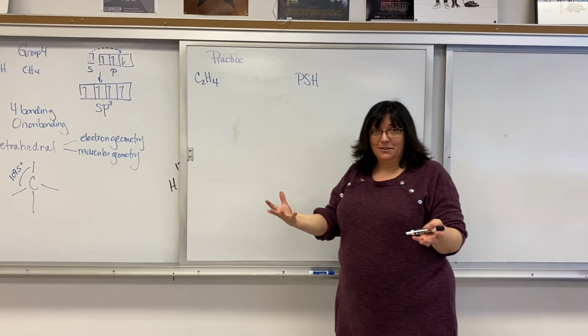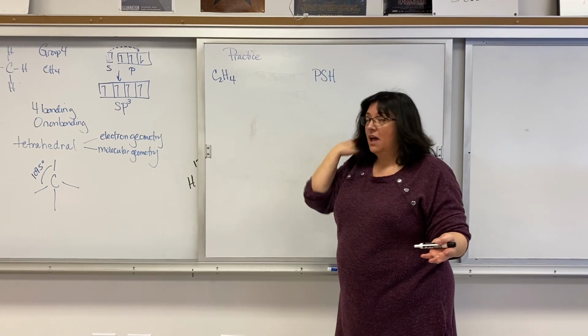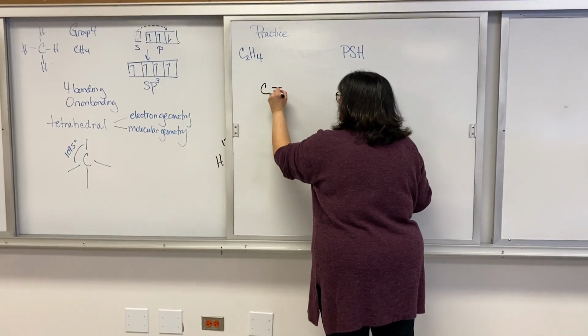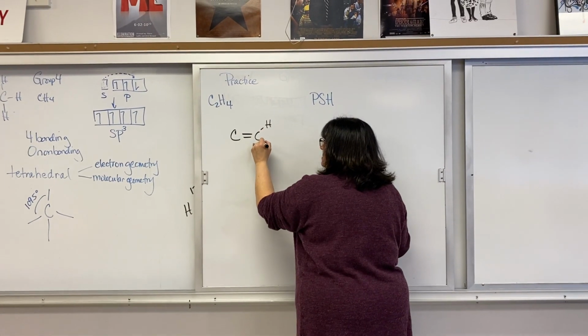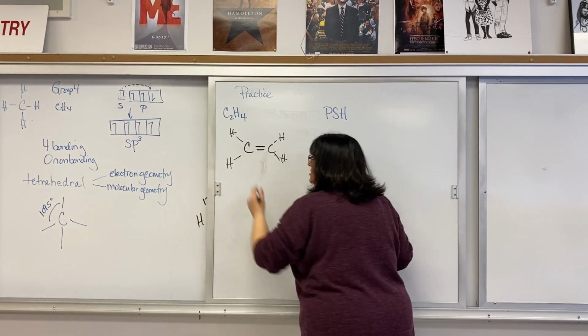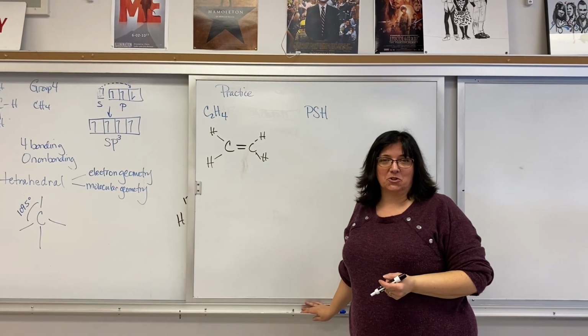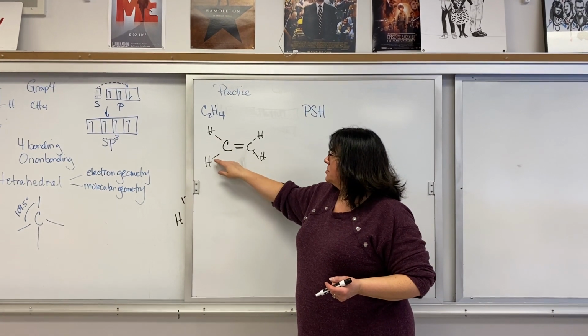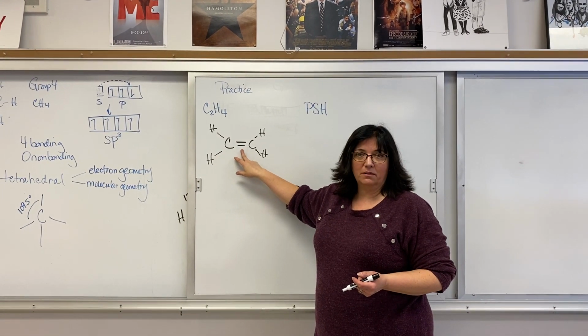So you're back. Hopefully you've given it a shot. And let's take a look at what you've got. So carbon has to form a double bond. Sorry, I didn't do the Lewis structure really. I did the 3D shape. Okay, carbon has a double bond. So there's 1, 2, 3 domains around each carbon.